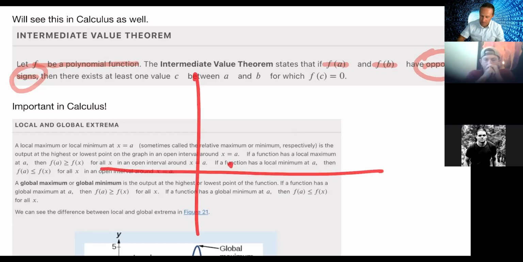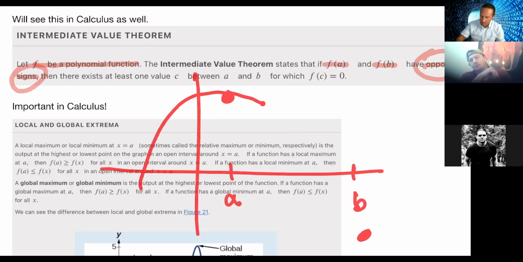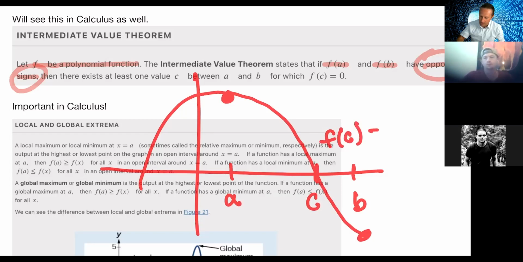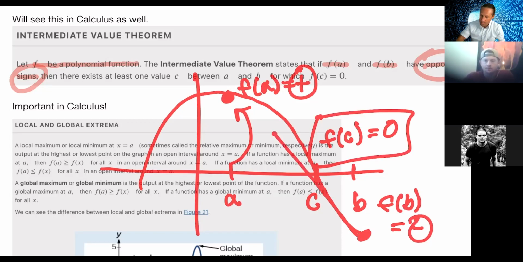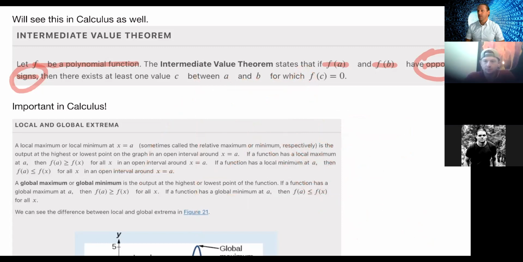So again, if I plug in some a value and some b value, and a comes out positive and b comes out negative, at some point in between there, doesn't have to be right in the middle, they're calling it c, that value, when we plug it in, would have to come out 0, since this one came out positive and this one came out negative. We had to somehow in between hit that 0 at some point. Does that make sense?